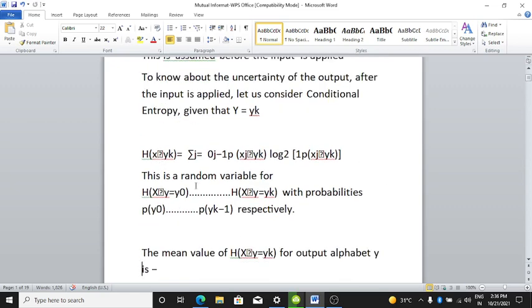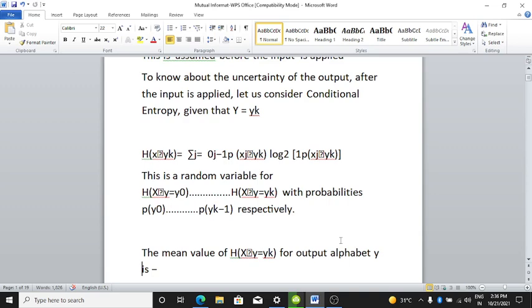Hence, H of x given yk is equal to the summation over j from 0 to J minus 1 of p of xj given yk log base 2 of 1 upon p of xj given yk. This is the random variable for H of x given y is equal to y0 up to H of x given y is equal to yk, with probabilities p of y0 up to p of y K minus 1 respectively.